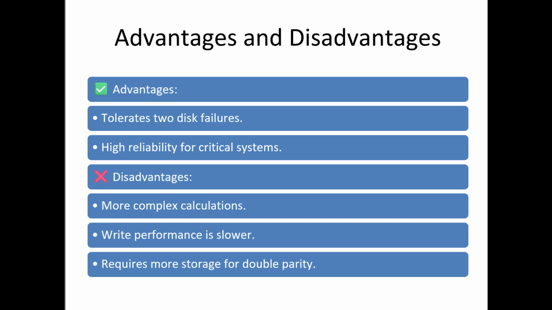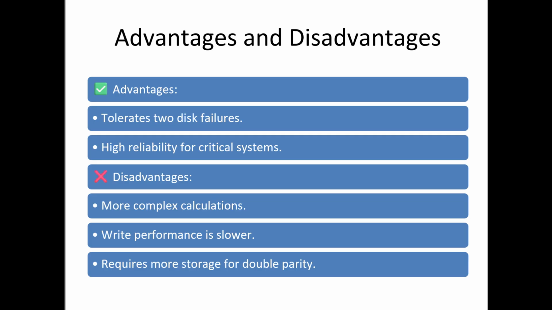So what are the strengths of RAID 6? The strength is that it can tolerate two simultaneous disk failures, which is great for large storage arrays where chances of double failures are high, and it gives a good balance of capacity and fault tolerance. What are the weaknesses? The weakness is the write penalty, which is high, 6 input output operations per write.